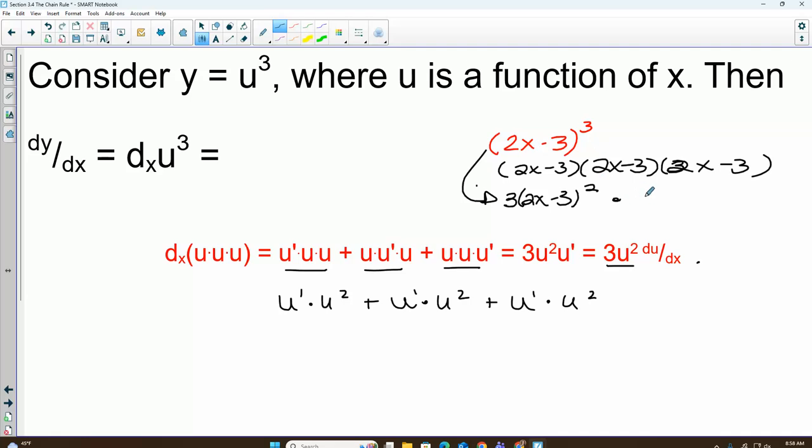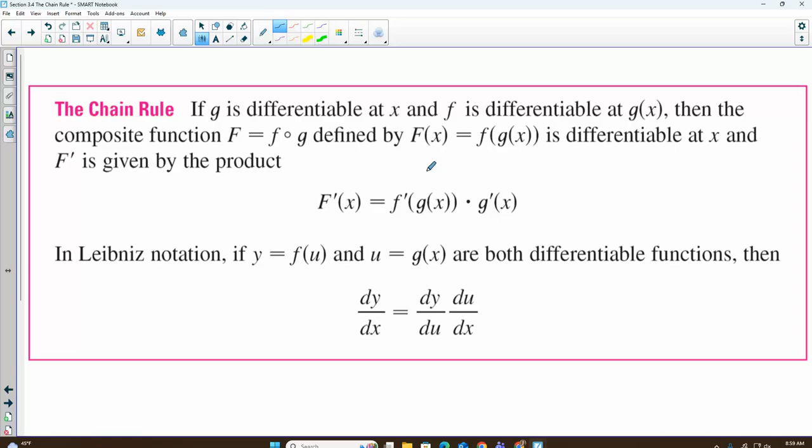What's the derivative of 2x minus 3? 2. And so this would turn into 6 times (2x minus 3) squared. That's the chain rule. You basically do the derivative of the outside, inside stays the same, times derivative of the inside. So that's what this is saying right here. When you have a composition of functions, derivative of the outside function with the inside function remaining the same, and then multiply by the derivative of the inside.